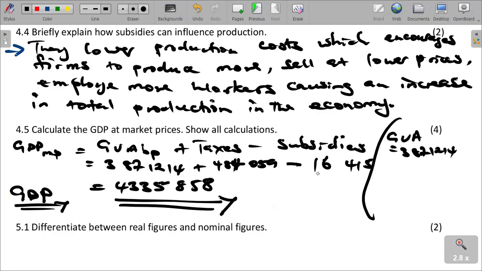And then you also state taxes on products, which is 484,059, and then the subsidies.